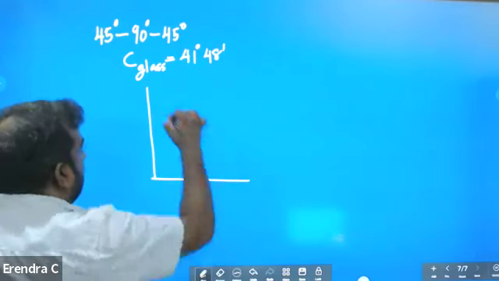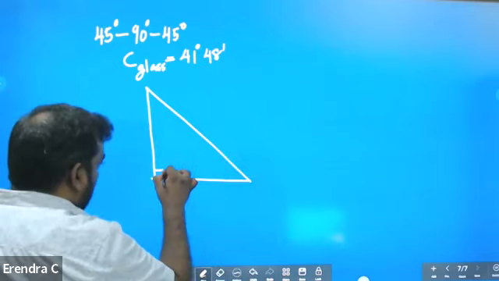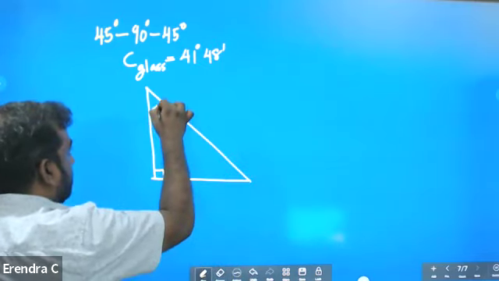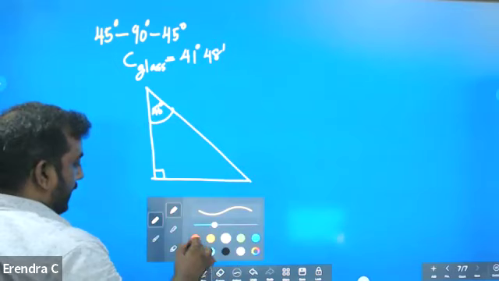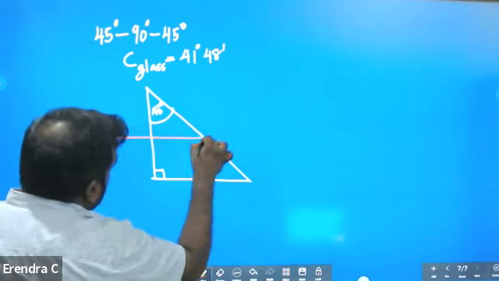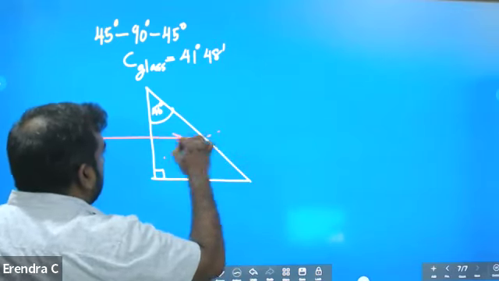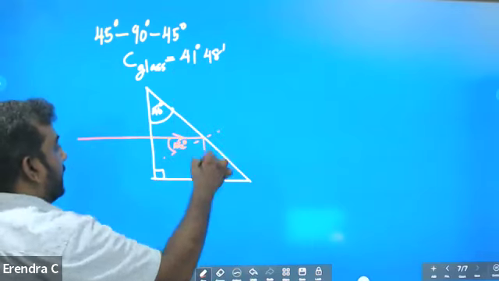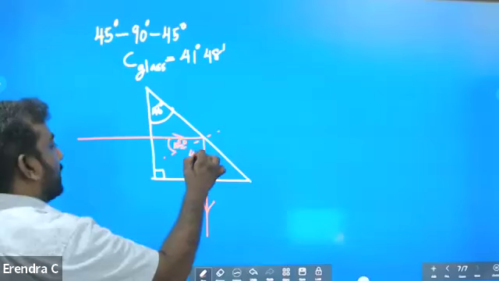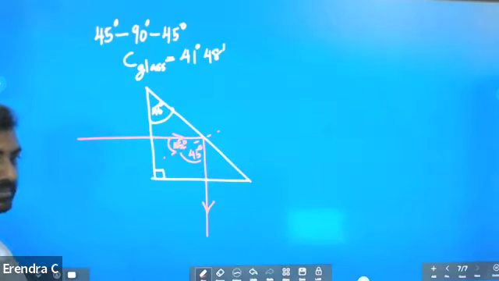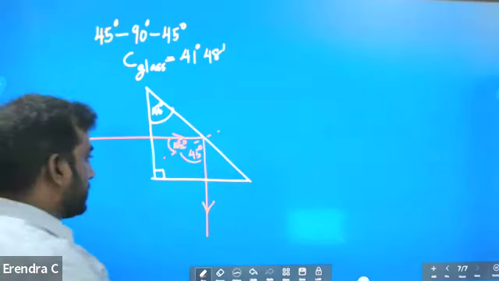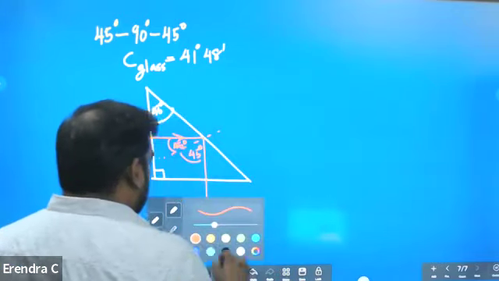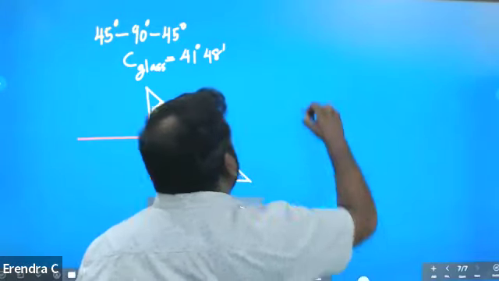If you take a right angle isosceles prism, light rays come here. This is 45, which is greater than the critical angle. Total internal reflection takes place, so it will act like a reflector.